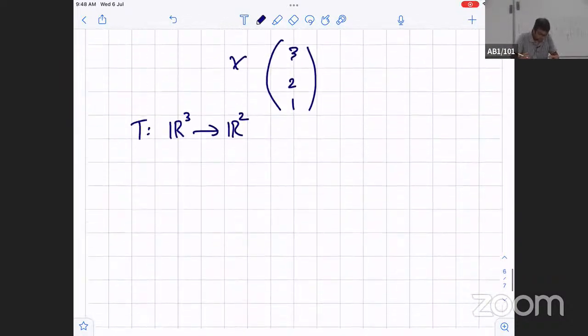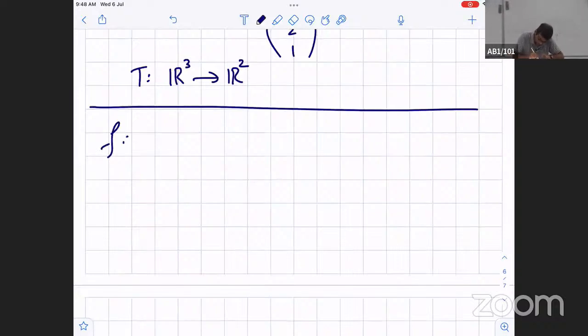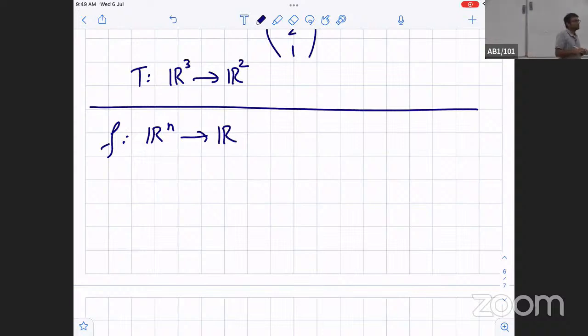Coming back to Rn to R, you have already studied this. What's the derivative from Rn to R? You have already seen an example of this in logistic regression.